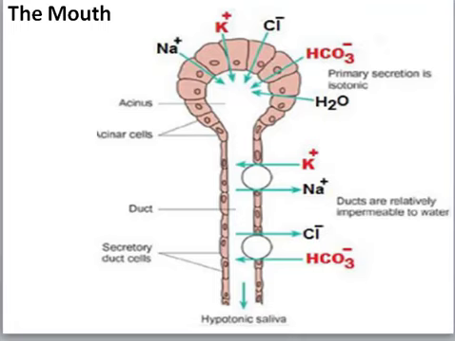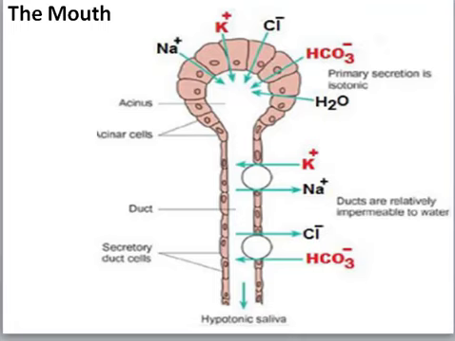Also, as we said, the ductal processing or modification of the saliva differs according to the volume of the secretion. At rest, the salivary secretion will be low volume, hypotonic, maybe neutral or slightly acidic, and it also contains a few enzymes.